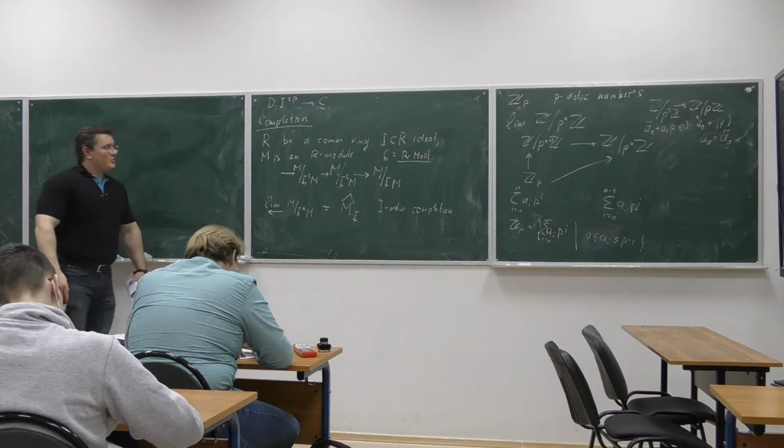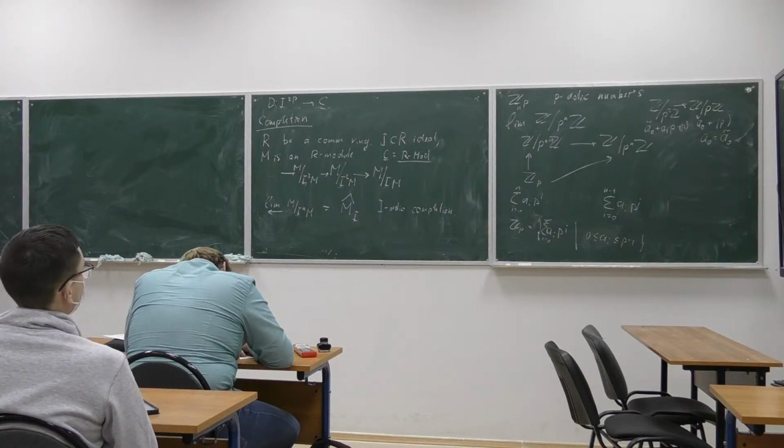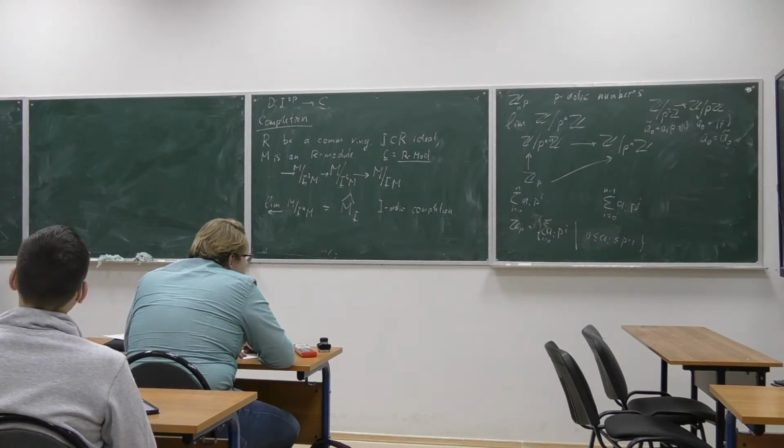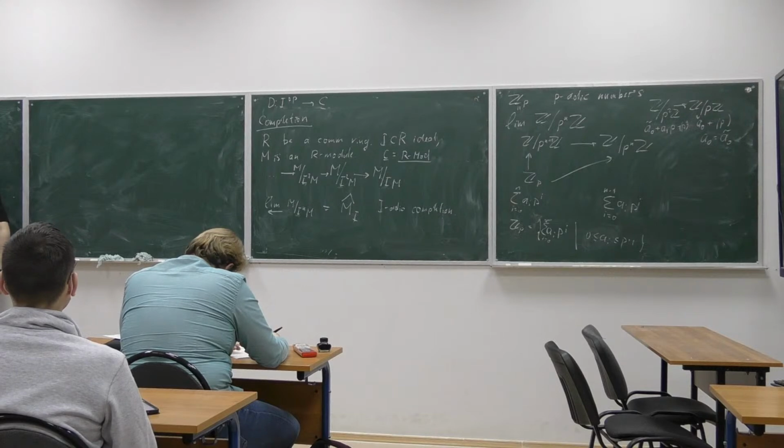Well, the universal property I'm going to leave as an exercise. Is it somehow non-trivial, or is it just too hard to check? No, I don't think there's anything hard about this. The answer we get by the theorem that we proved at the end of the last lecture, right? So this follows immediately.